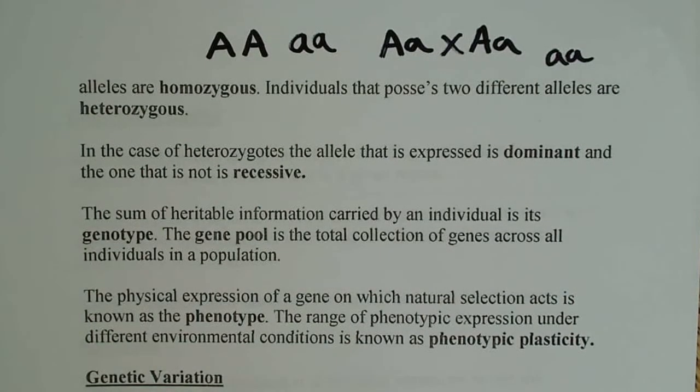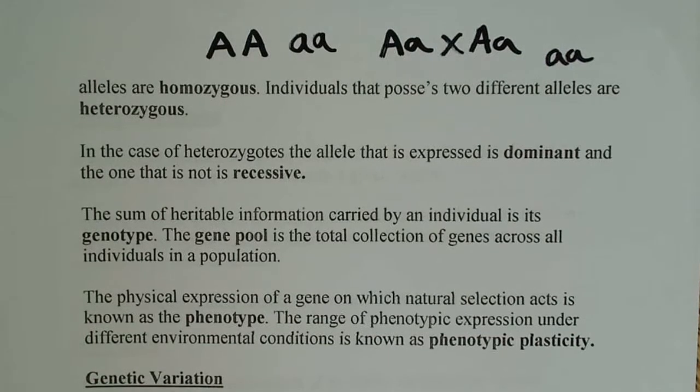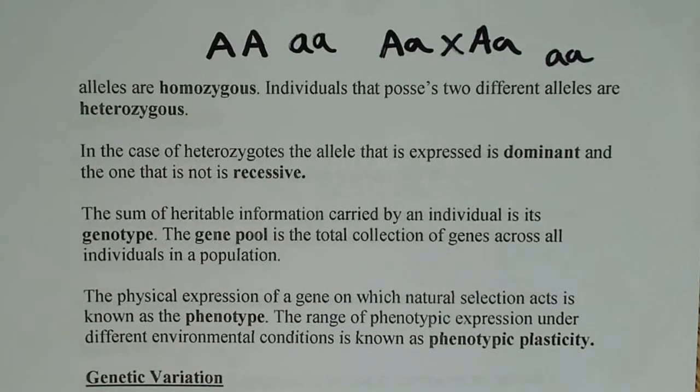Okay, so the physical expression of a gene on which natural selection acts is known as the phenotype. So phenotype is the expression of the gene. Once the gene is expressed, it's usually expressed as a protein. We talk about the cell producing some kind of protein, and that protein eventually develops into us, into the various different tissues and cells that we have.